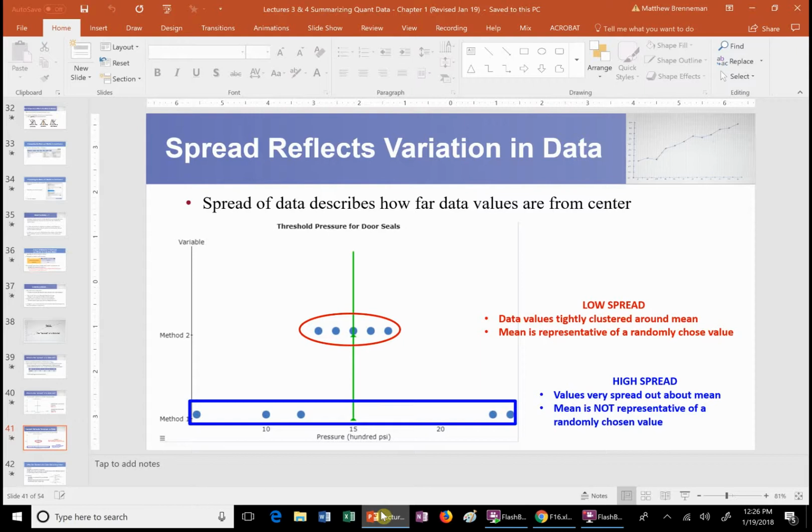But when the spread is small, when we have low spread, the mean has a different interpretation. The mean is representative of what I expect to see if I draw one individual.